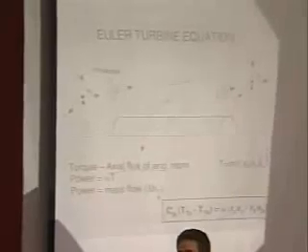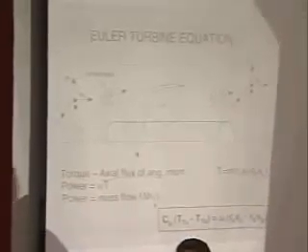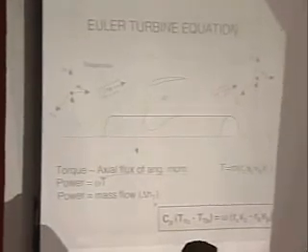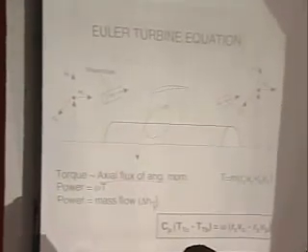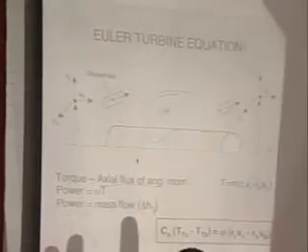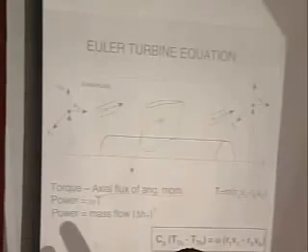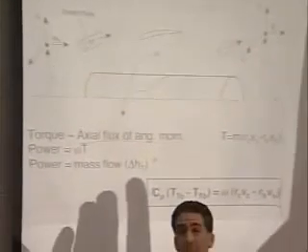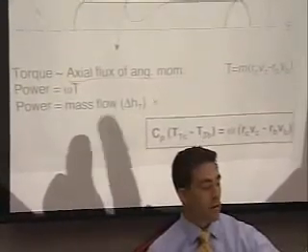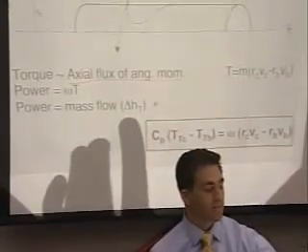And remember that these are vectors. So positive torque is a torque in the direction of rotation. Negative torque is a torque opposite to the direction of rotation. You then use the steady flow energy equation to connect that power to the change in enthalpy, total enthalpy. So that's mass flow times delta HT.